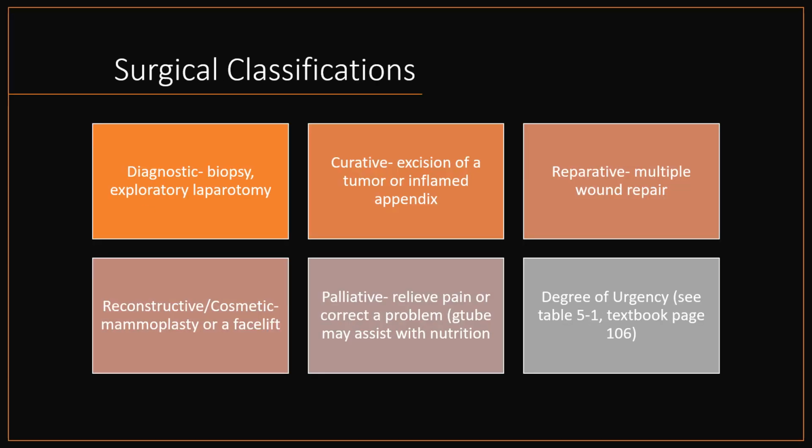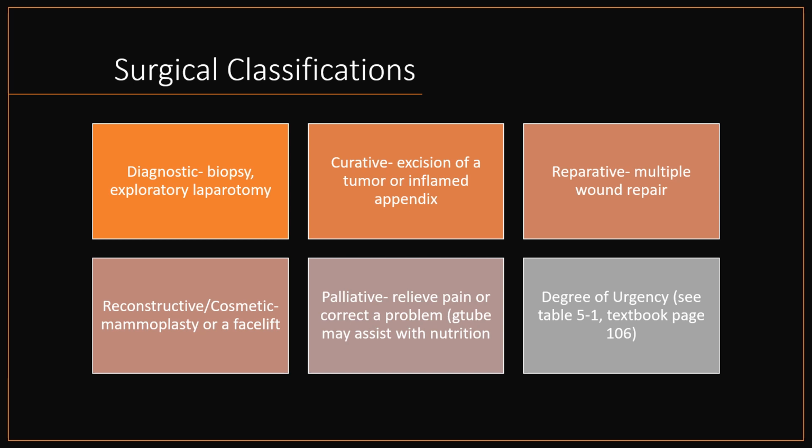Here we have listed 6 common different types of surgery. Diagnostic, it's where we're trying to diagnose something. A good example of this would be like a bone biopsy. Curative, it's where we're trying to cure something, like maybe we're trying to remove a tumor or take out an appendix. Reparative, that could be like a wound repair.